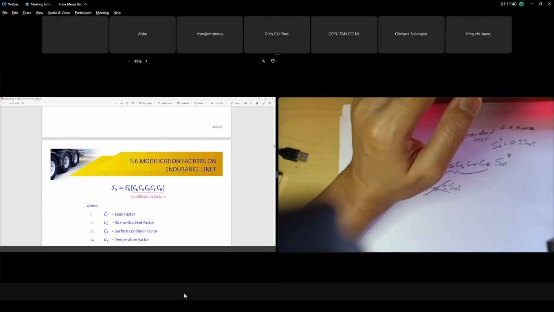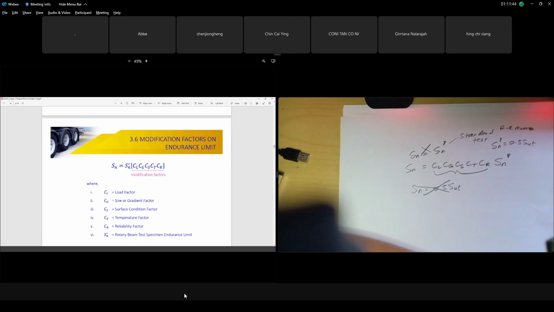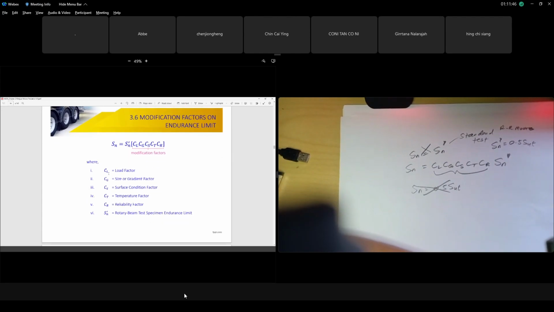I want to explain what these modification factors are. What is CL? Load factor.